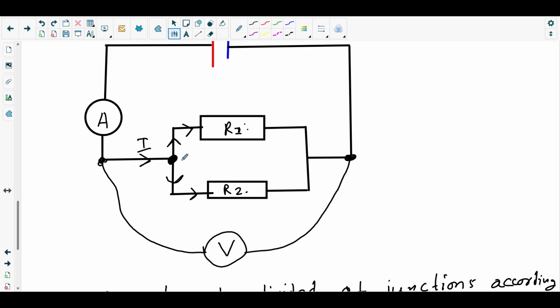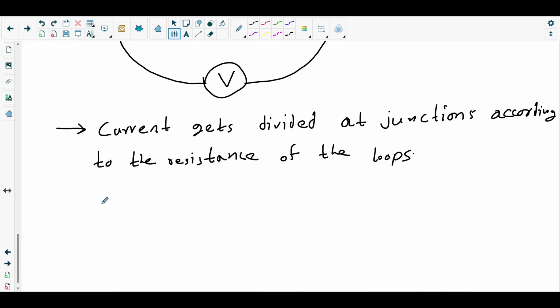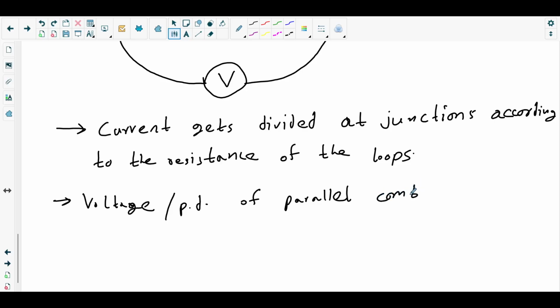That's why the drop across both will be the same, and that's why voltage is constant in a parallel circuit. Voltage, or you can say PD because it's across the resistors, of a parallel combination is constant.